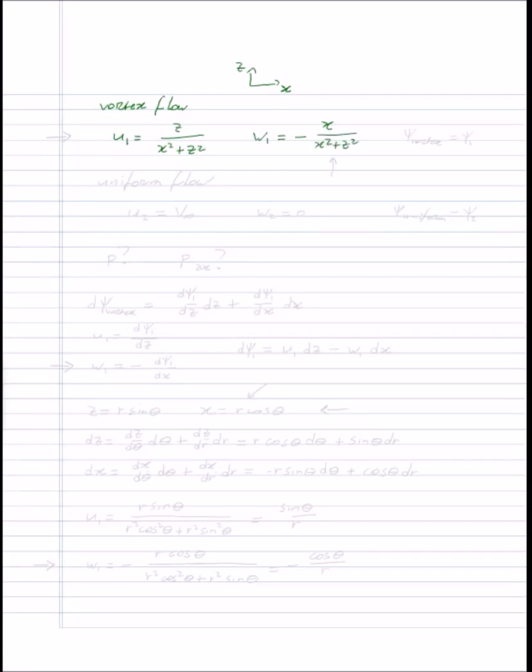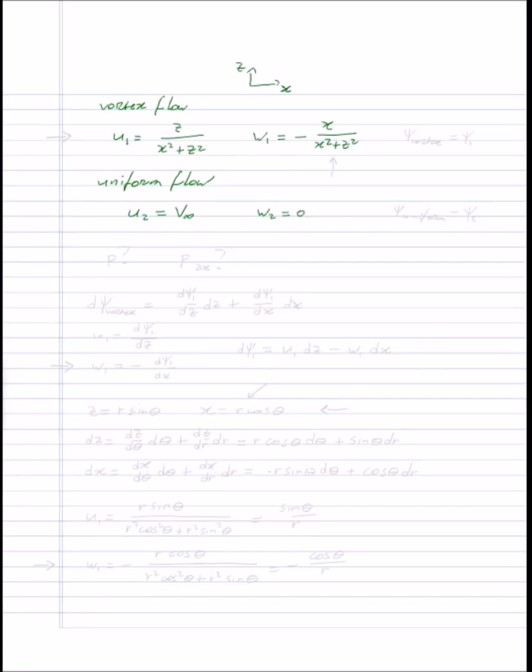Now we've got also a uniform flow, and that's given by two different velocities. It's a uniform flow in the x direction, so u2 is going to be equal to V infinity, and then we've got a w2 which is equal to 0.